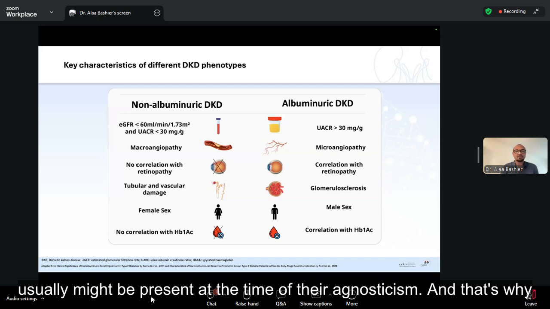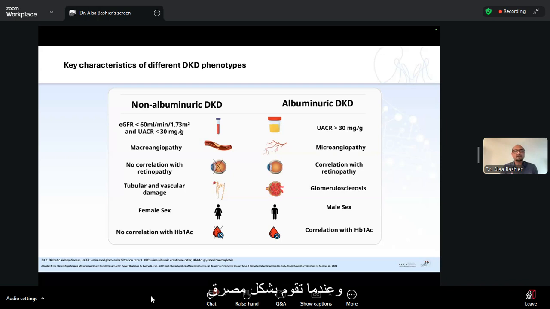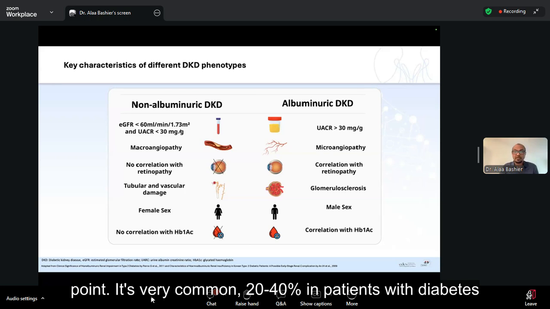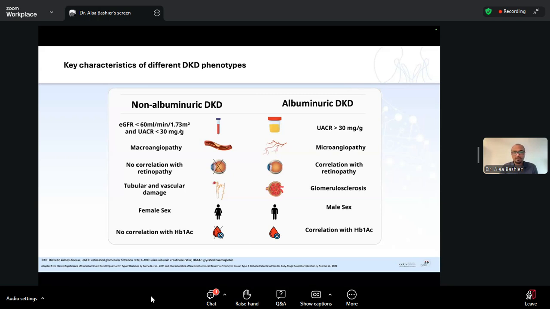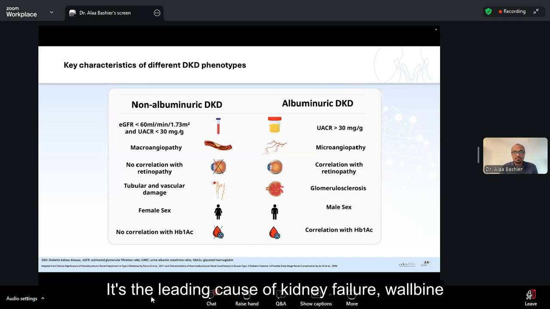That's why the recommendation is to screen earlier. So this is the first point. It's very common, 20 to 40% in patients with diabetes, and it's the leading cause of kidney failure worldwide.